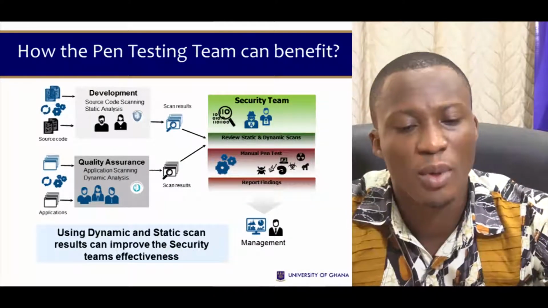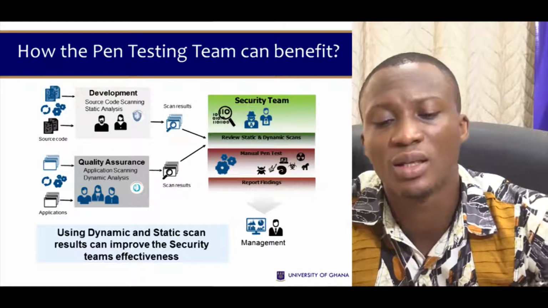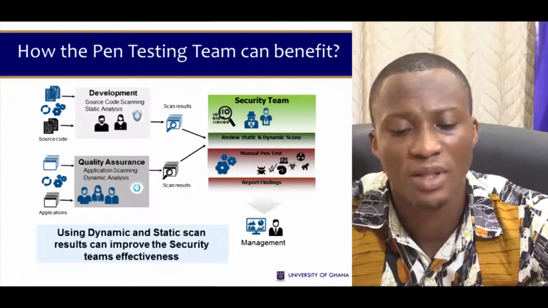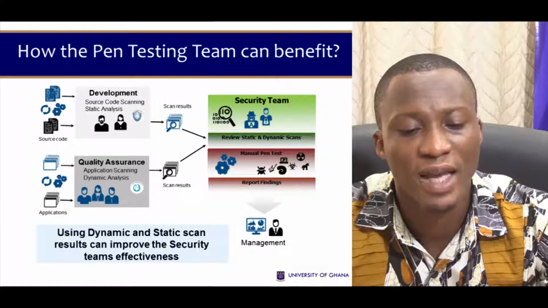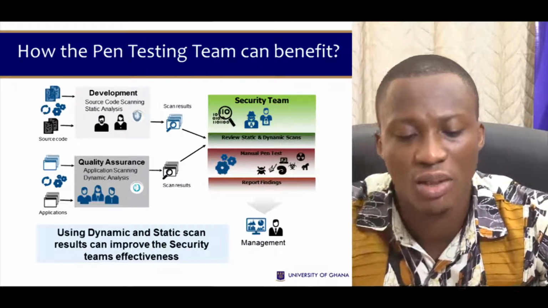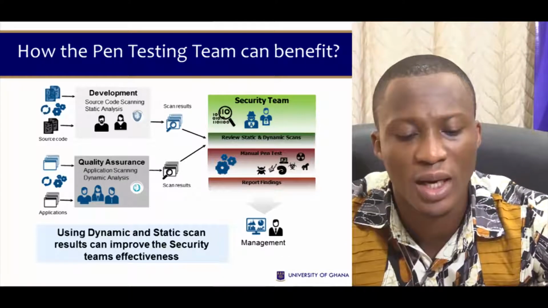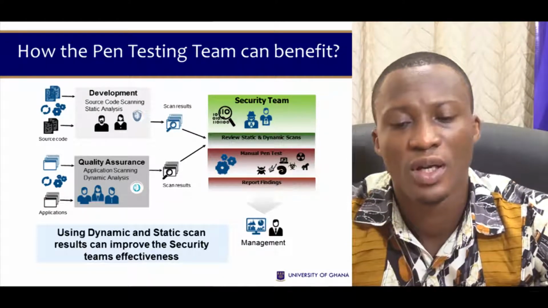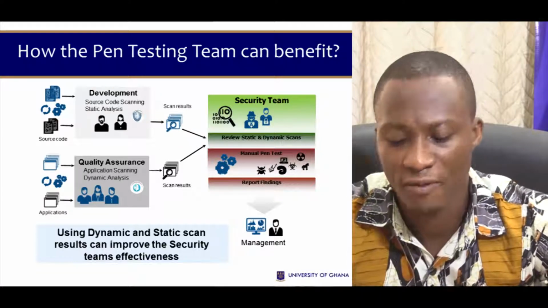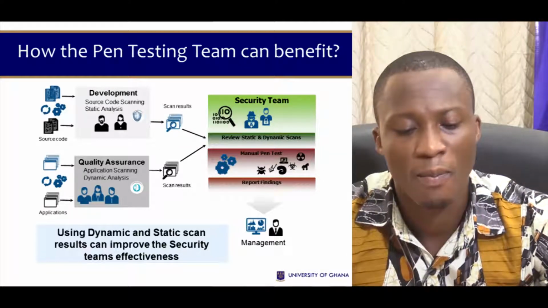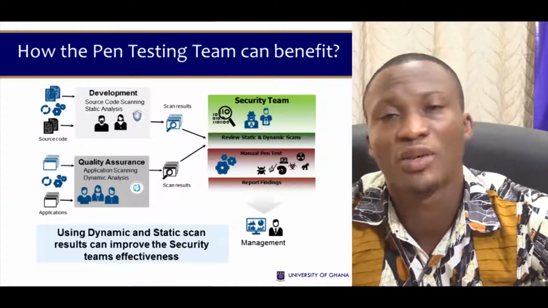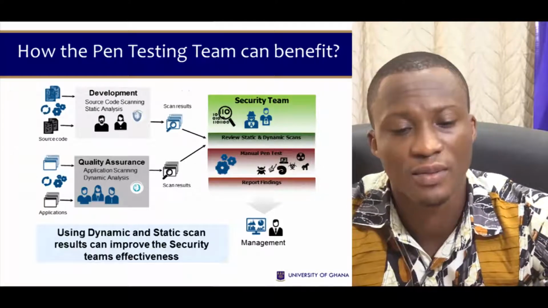Now here talks about the pen testing team and how that can benefit the development life cycle. So we looked at development, quality assurance, and the security team. These three teams work together to integrate security into the software development life cycle. Using dynamic and static scan results can improve the security team's effectiveness.